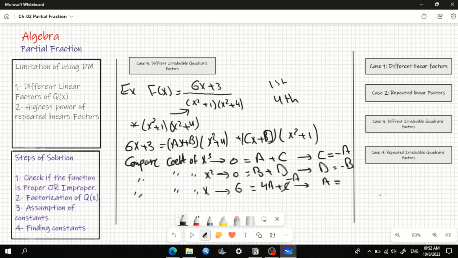So a here equal to 2 and c will be equal to negative 2. Just continue with x to the power 0, the free term here.